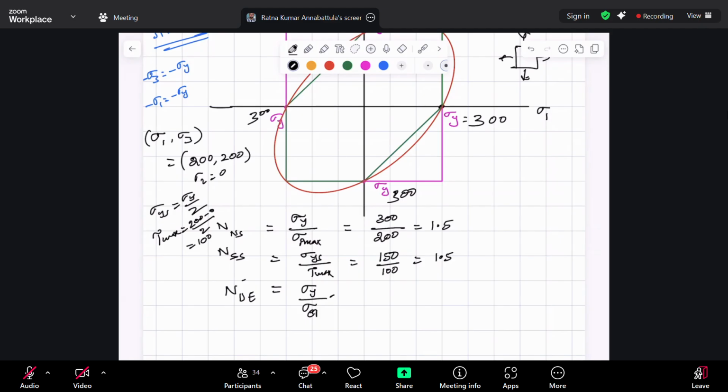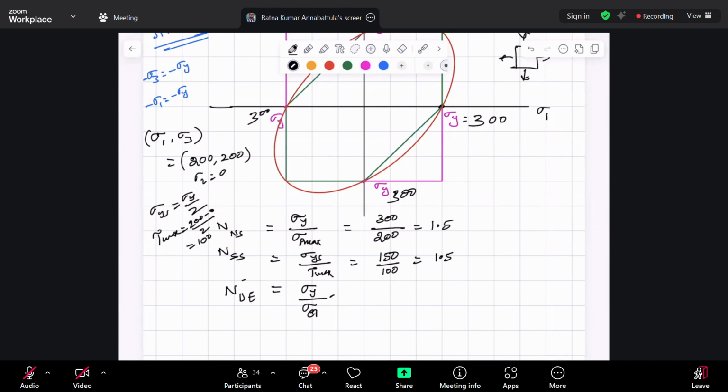How about distortion energy? Sigma y is 300. We have to calculate the equivalent stress. Square root of 200 square plus 0 square plus 100 square minus 0 minus 0 minus 200 into 100.